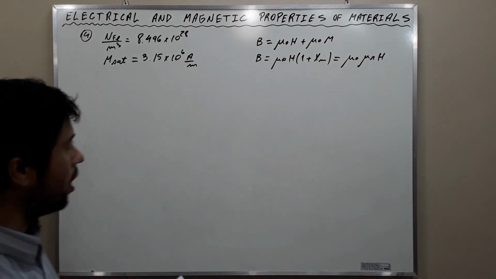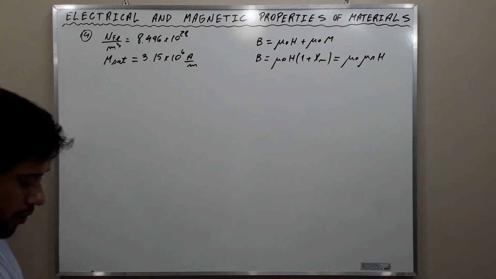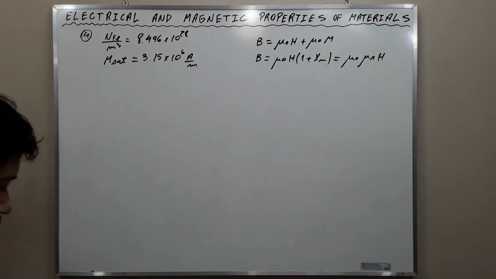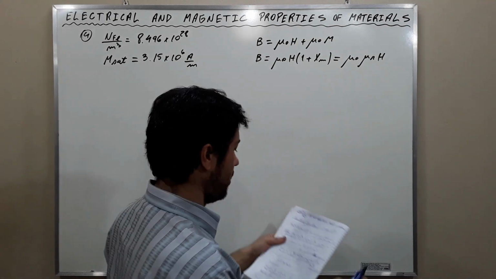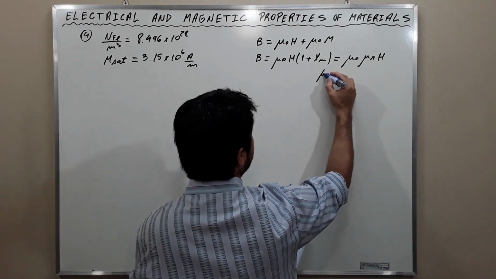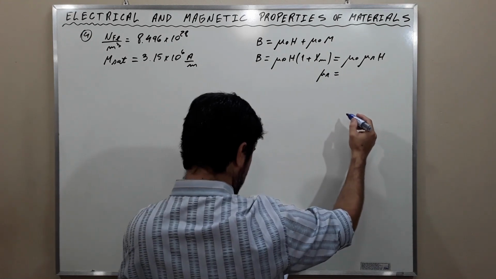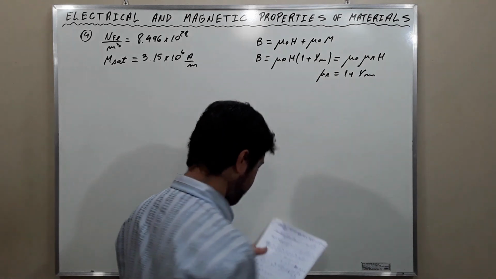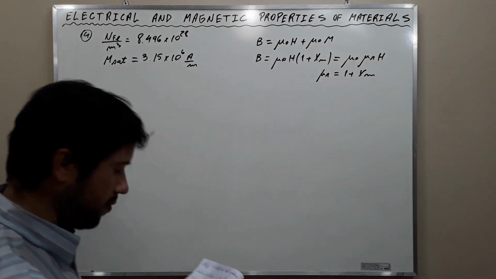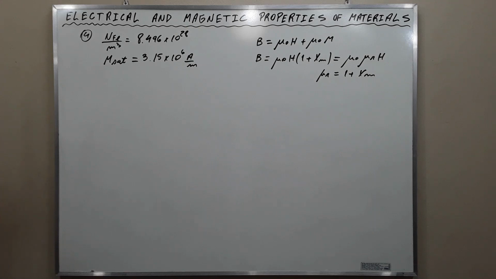Where mu R is the relative permeability of the core material. And here we can infer that they are equal. The relative permeability is equal to 1 plus Xm, where Xm is the magnetic susceptibility of the material.